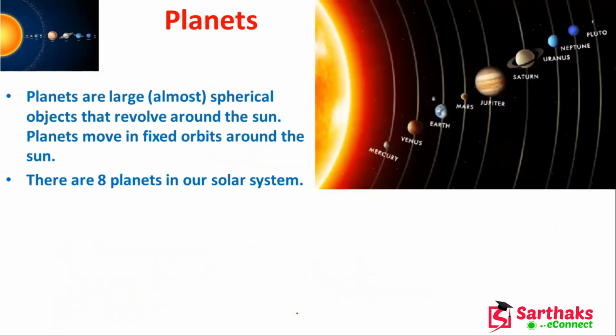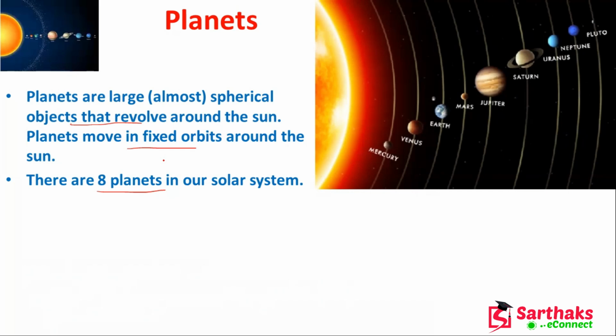Now the planets. You already know that planets are large spherical objects that revolve around the sun in a fixed orbit, and we have 8 planets. A planet is a celestial body that has sufficient mass and self-gravity to overcome rigid body forces, so that it assumes a hydrostatic equilibrium shape, and it has cleared the neighborhood around its orbit.